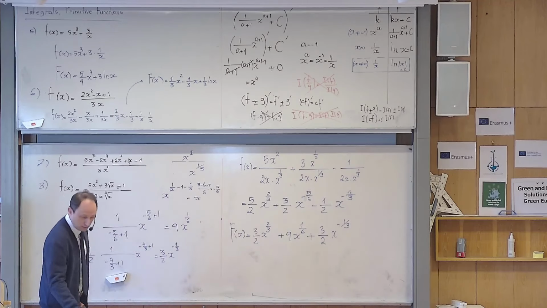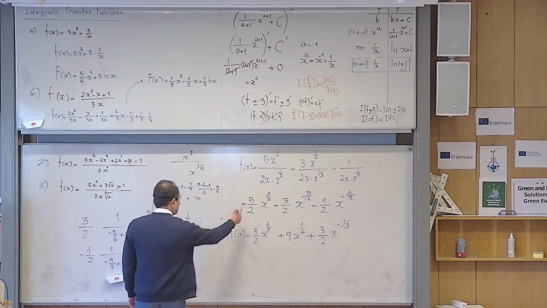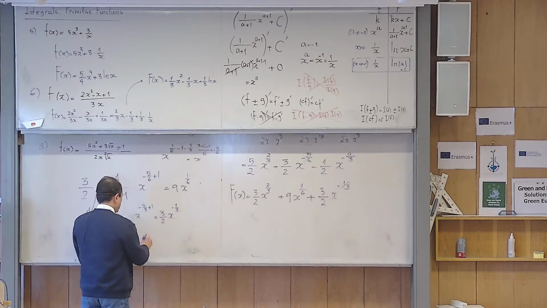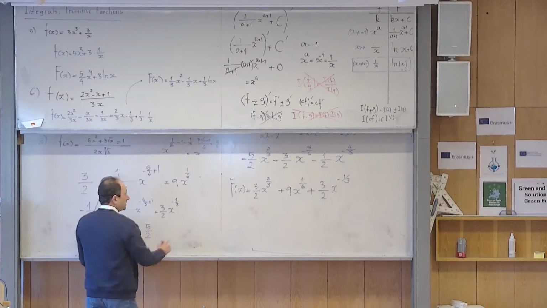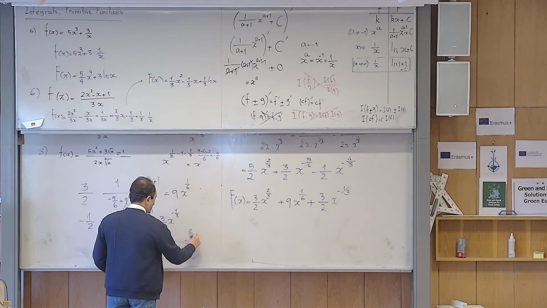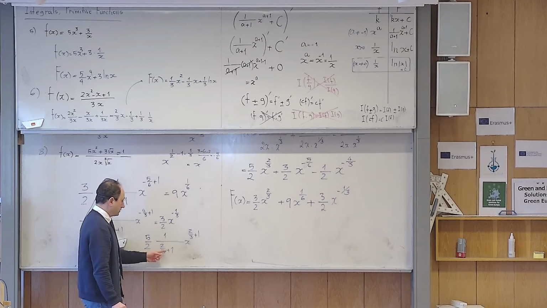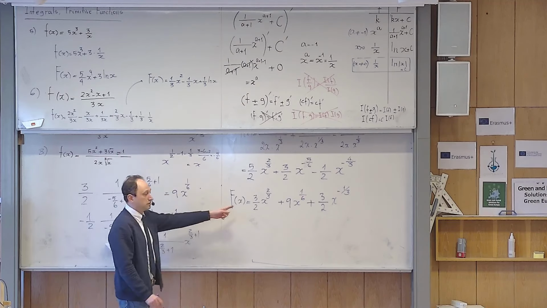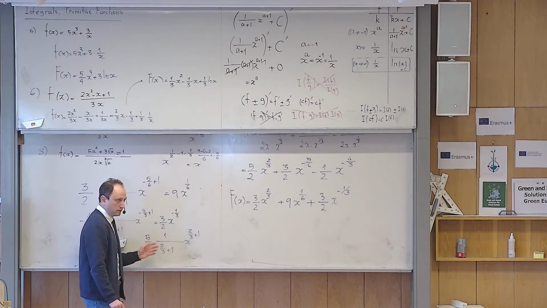So here I have 5 over 2. And then I would write 1 over 2 over 3 plus 1, x to the power of 2 over 3 plus 1. And then 2 over 3 plus 1 is 5 over 3. So it becomes 3 over 5. 5 and 5 are cancelled, so 3 over 2. Yes, so that's 3 over 2. Is that your question?